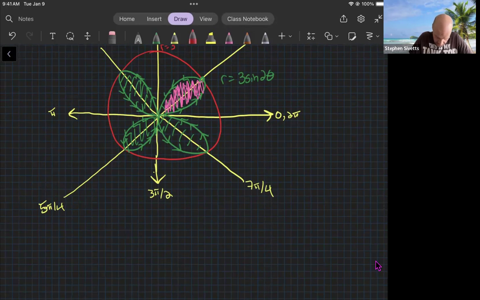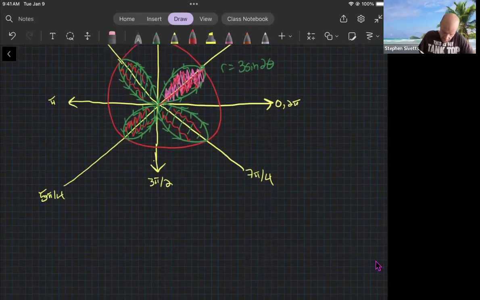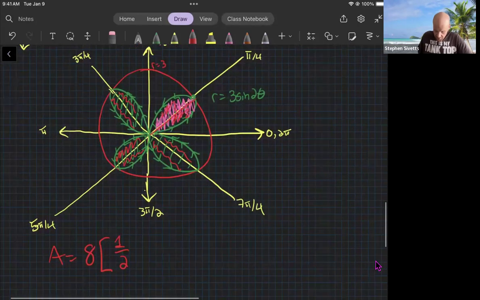Each of these petals is made of 2 halves, so there are 8 halves in total. So another way to do this is to formulate the area integral like this: area is equal to 8 times the area of half of these petals.